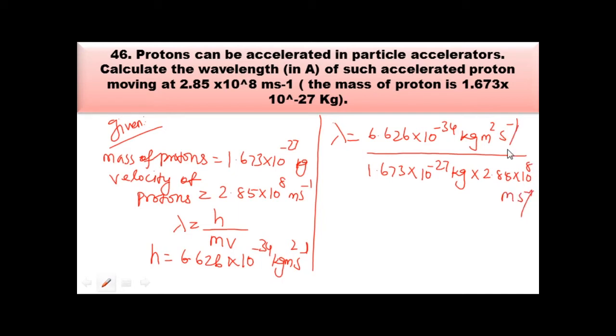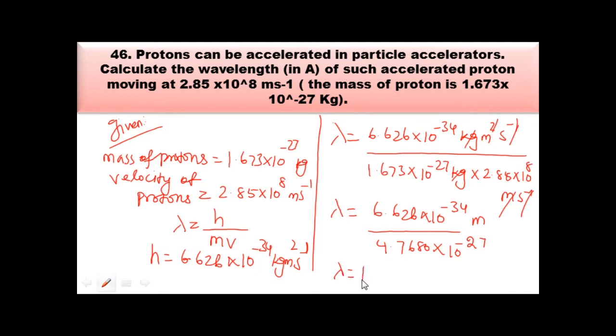Second inverse cancels, meter in meter squared cancels, and then kilogram cancels. So lambda equal to 6.626 into 10 power minus 34 meter divided by 4.7680 multiplied with 10 power minus 27.